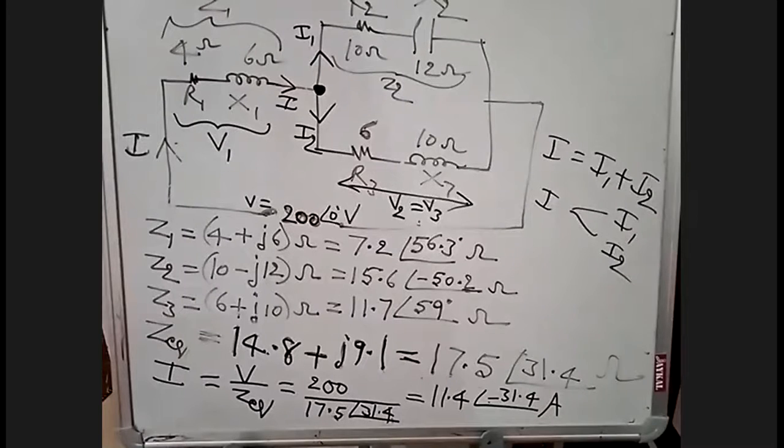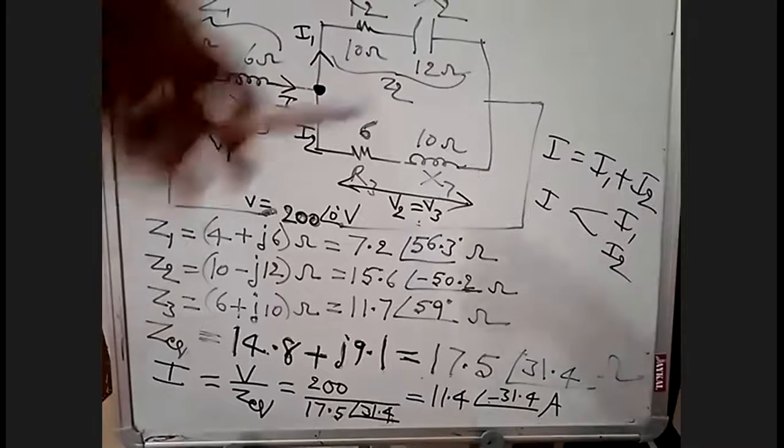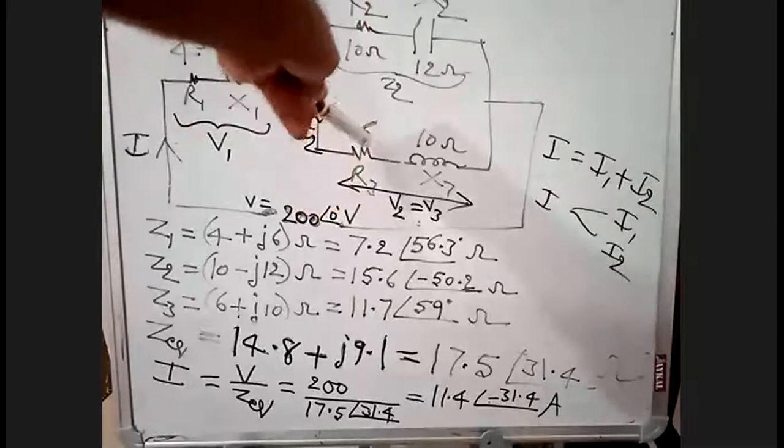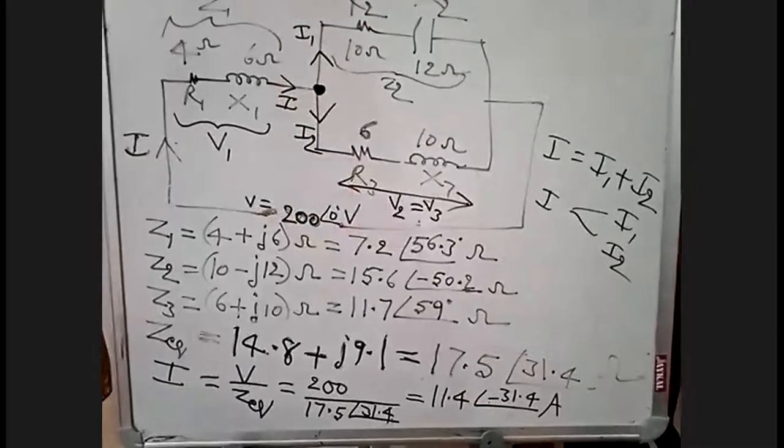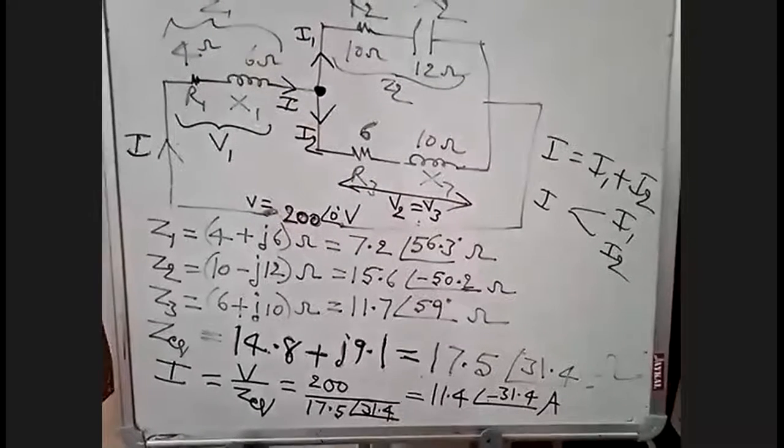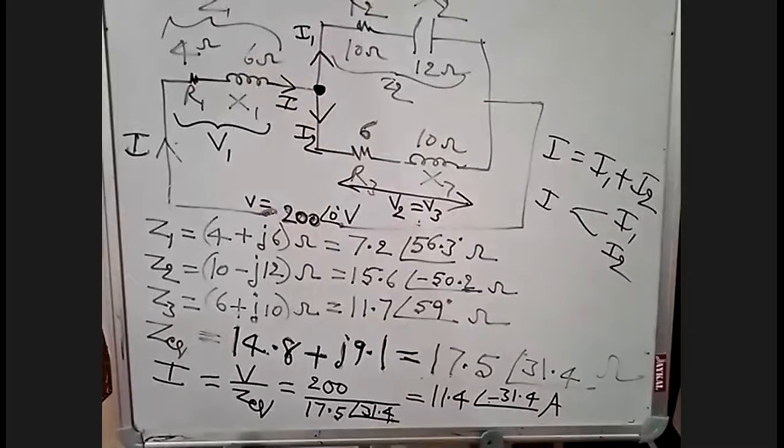In parallel circuits, voltage is the same. Voltage across Z2 is V2 and voltage across Z3 is V3. But Z2 and Z3 are in parallel. That's why V2 is equal to V3.